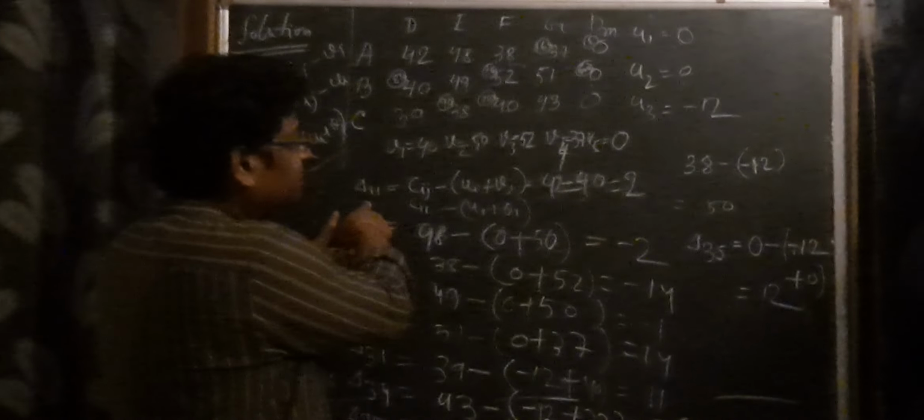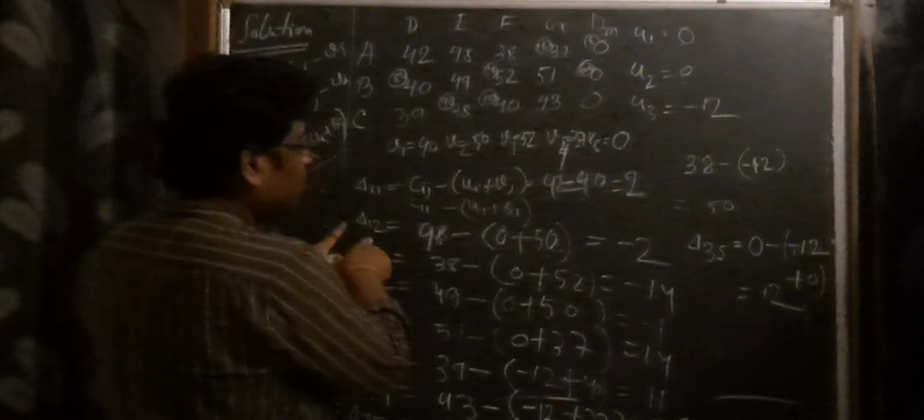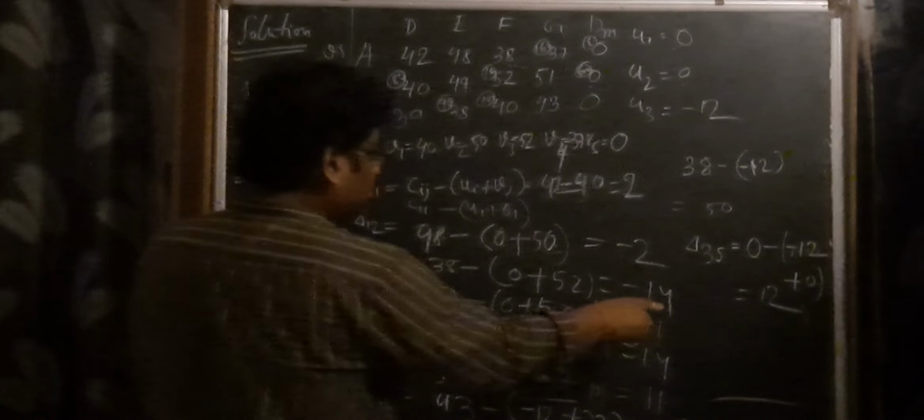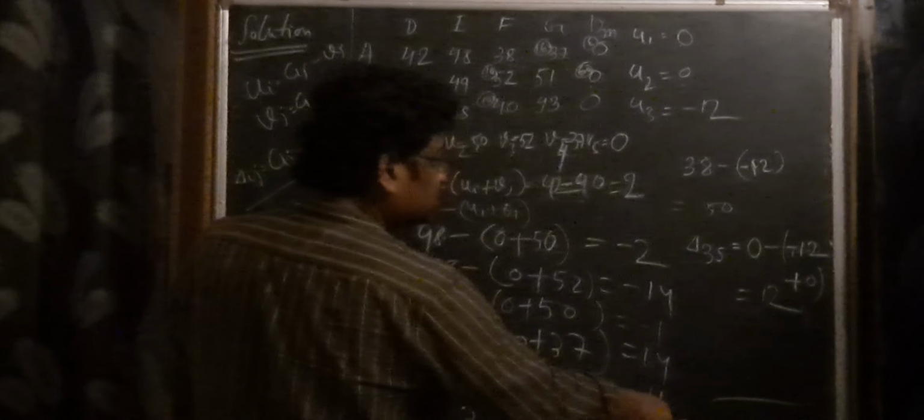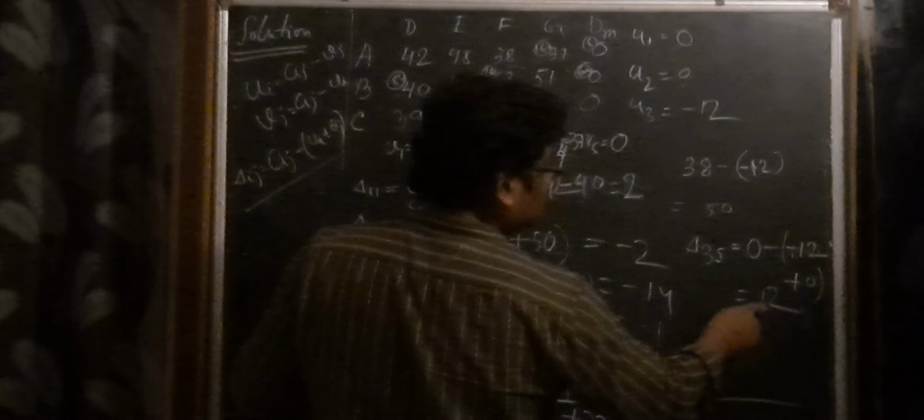So we have the del values: for row 1, 2, minus 2, minus 14. For row 2, minus 1, 14. For row 3, 11, minus 6, and 12.